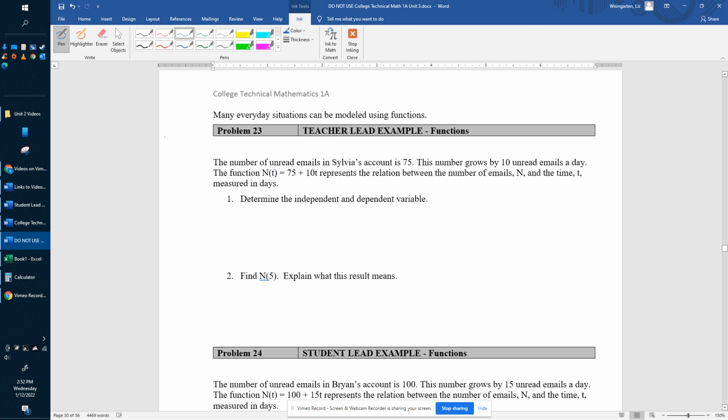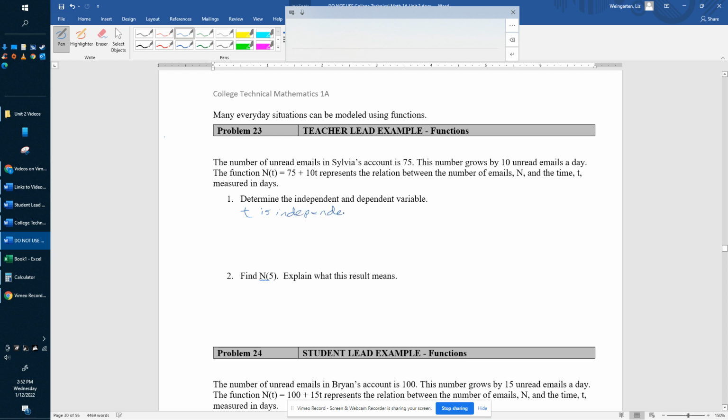What's inside here is independent. So what's inside here is time. So t, or time, is independent. N, the number of emails, n of t, is dependent.